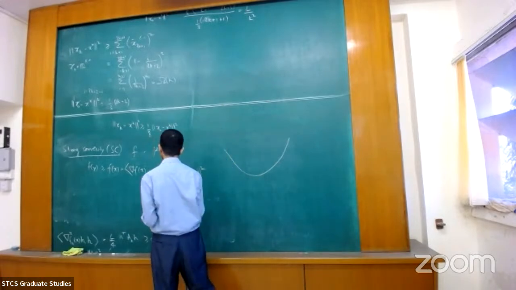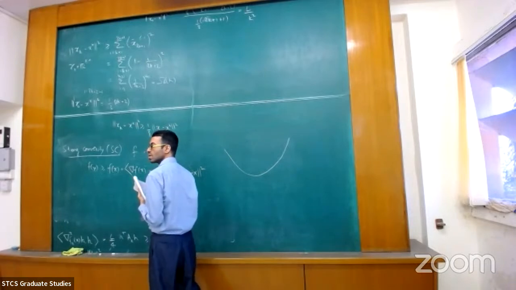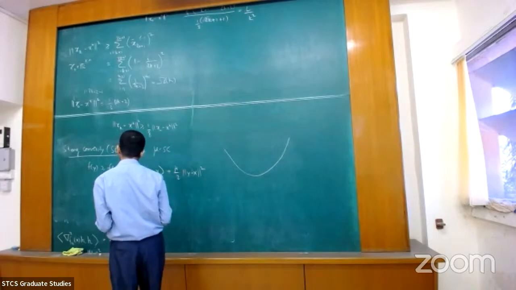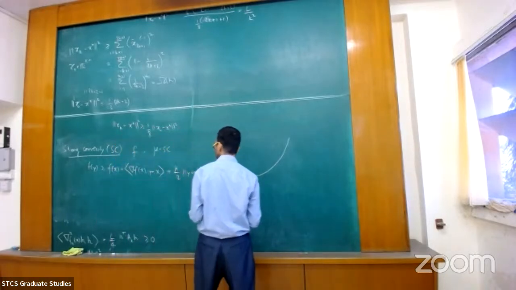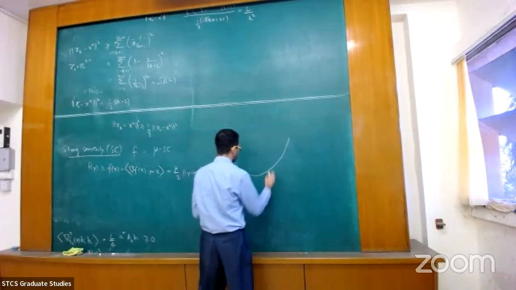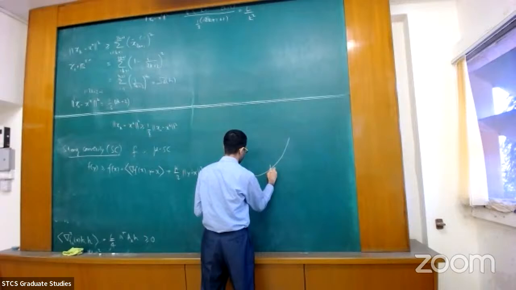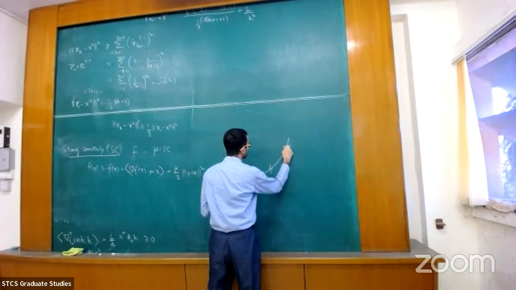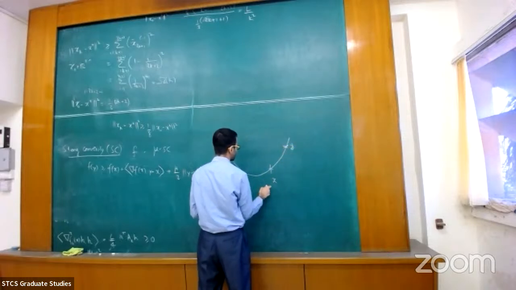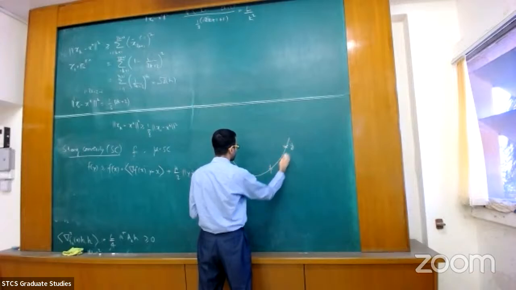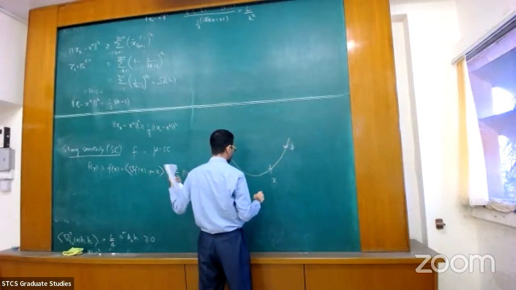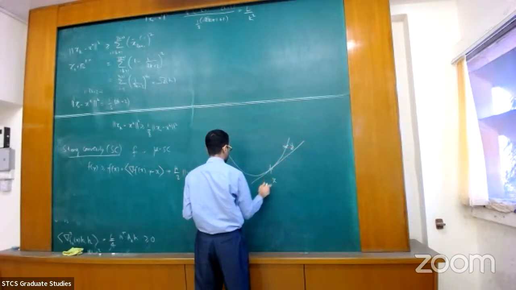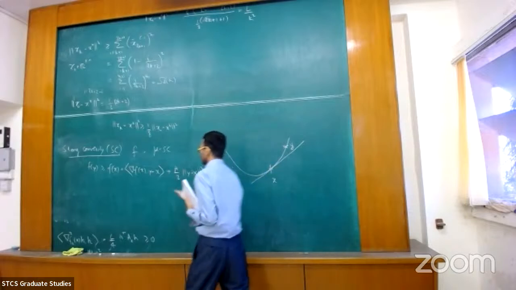For an L smooth function, you get the other way around: it was upper bounded. Here is some point x and here is some point y. The first-order convexity condition says that if I draw this tangent, then f of y is at least f of x plus the linear approximation.